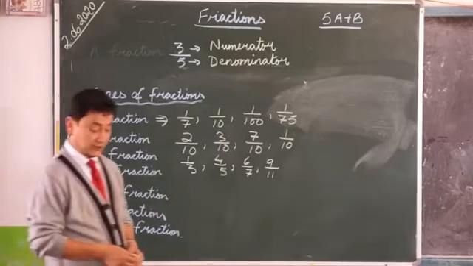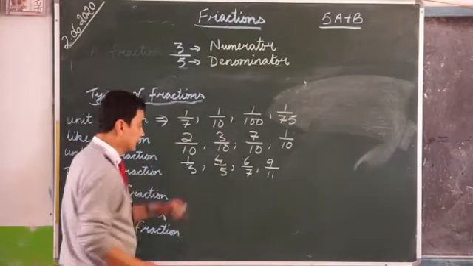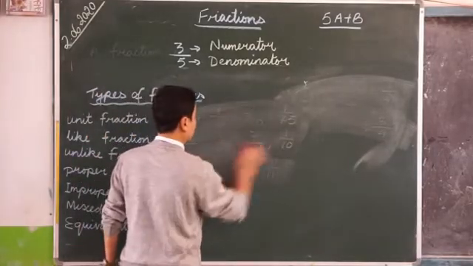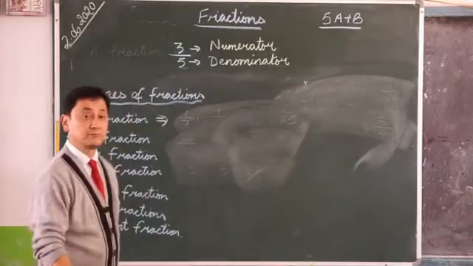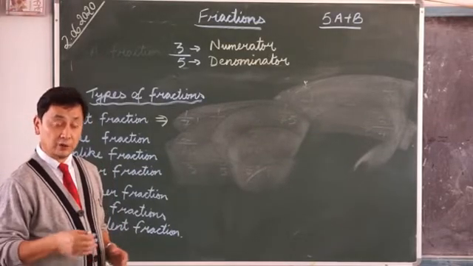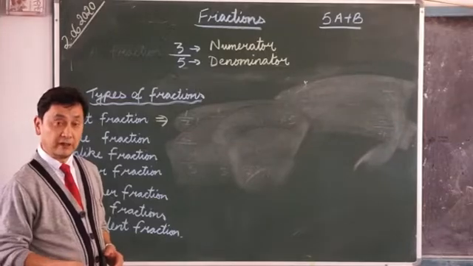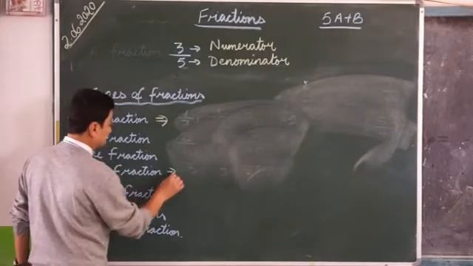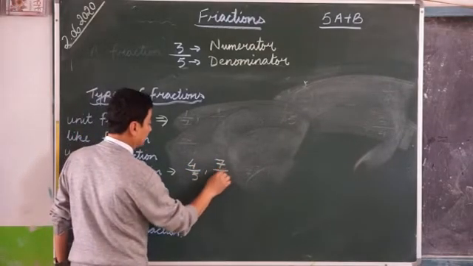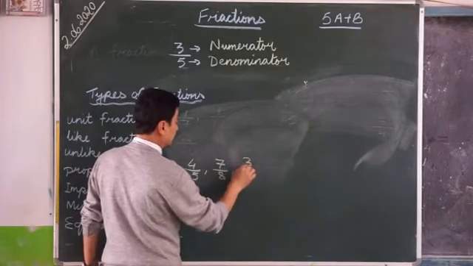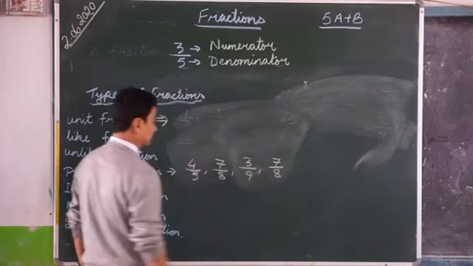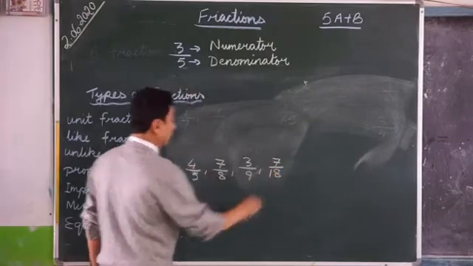Now let's go to proper fraction. Okay? It's nearly same as this. So what's a proper fraction? In a proper fraction, the numerator should be smaller than the denominator. Again, in a proper fraction, the numerator should be smaller than the denominator. For example, 4 upon 5, 7 upon 8, 3 upon 9, 7 upon 18.